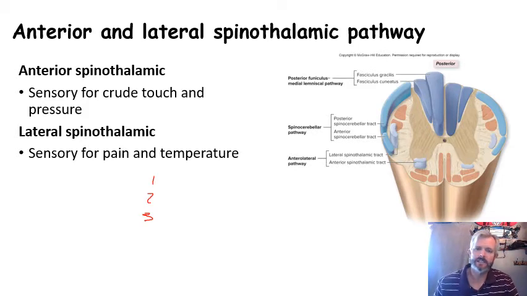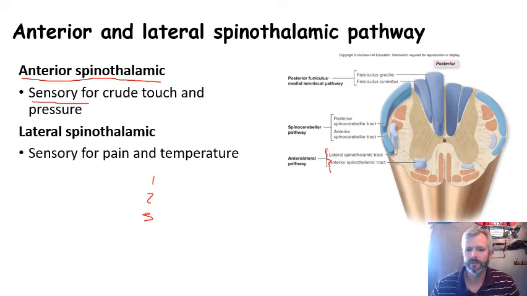So we have these ascending tracts that carry this information. For cutaneous, crude touch and pressure are going to fall through the anterior spinothalamic pathway. You can see these pathways here are what we're talking about. We have the anterior spinothalamic pathway, looking here, and then the lateral spinothalamic pathway is going to carry pain and temperature information, and that's located there.